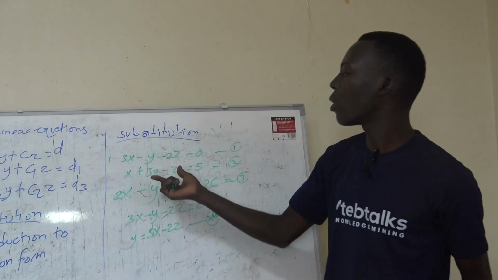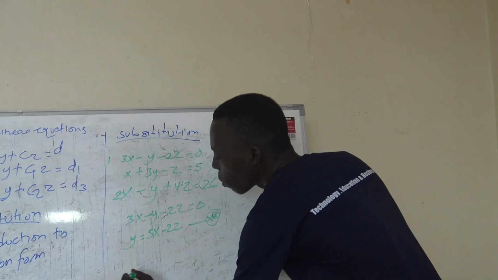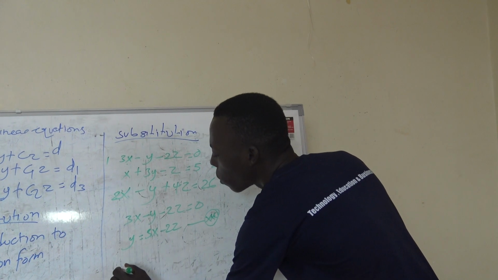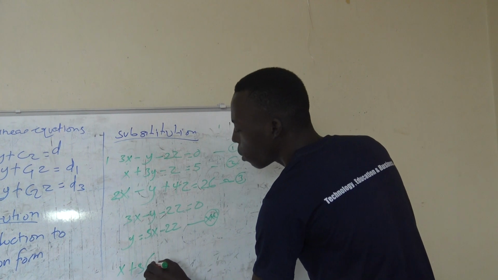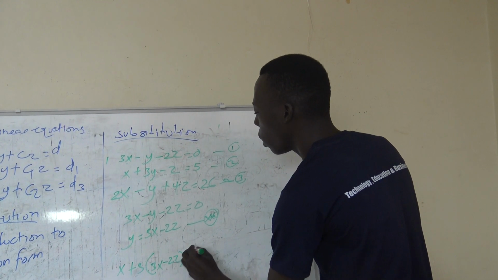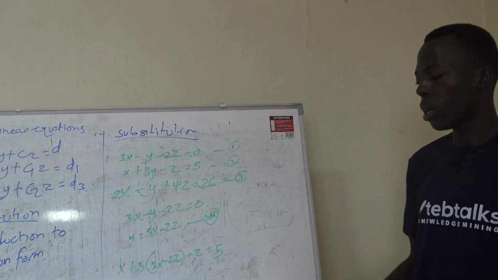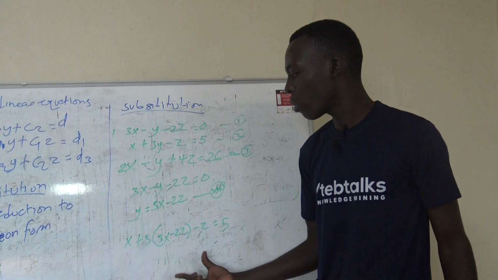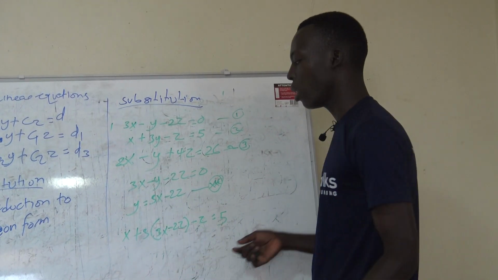You put this in the second equation, not in the first but in the second. So we have x plus 3 into the value of y, which is 3x minus 2z, then minus z must give us the 5. By doing this substitution, we open the brackets by multiplying the 3 inside.